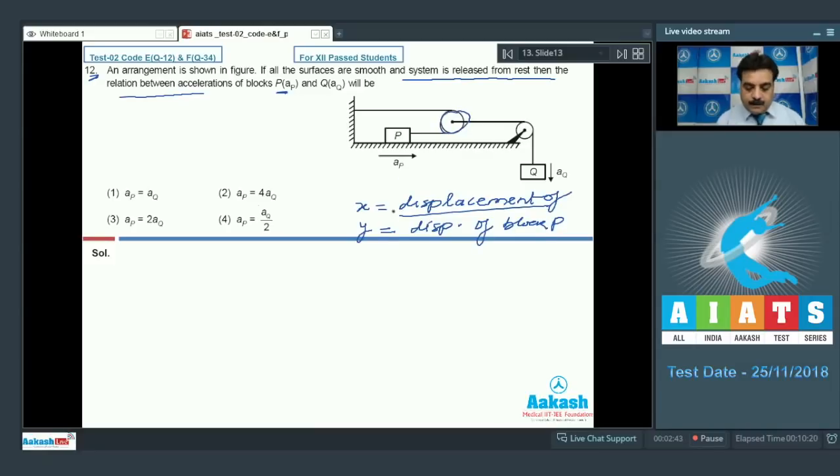Initially, if I consider this length up to here as L1 and this other length as L2.